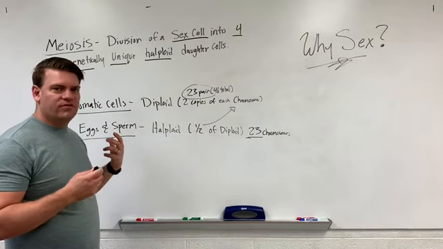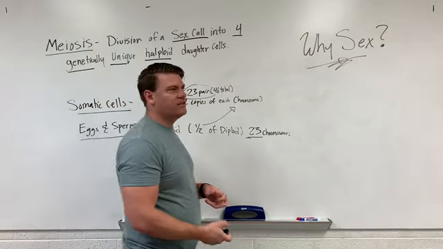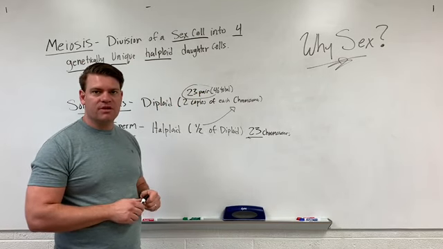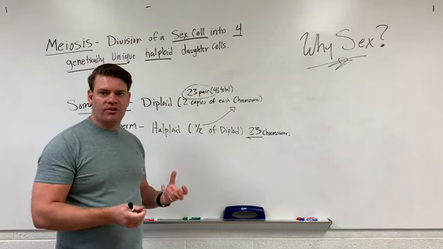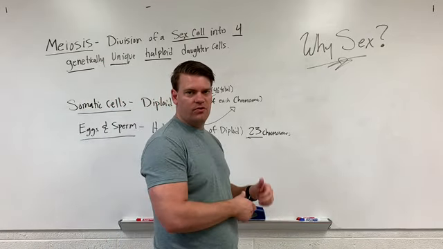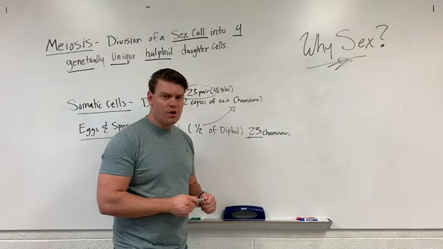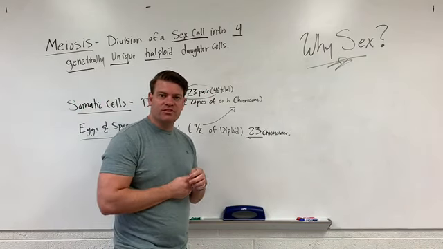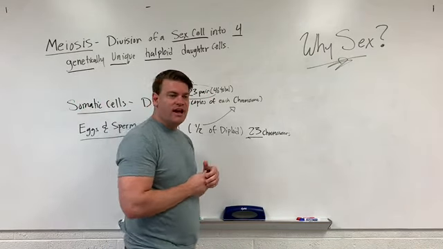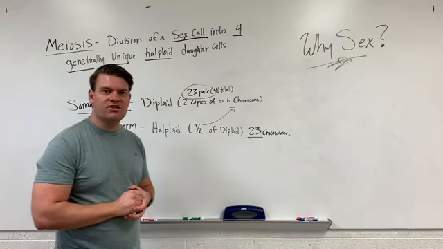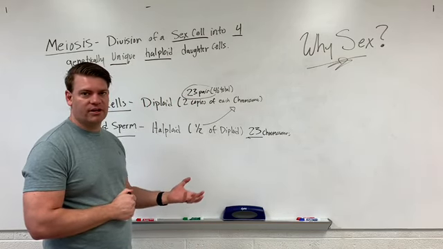So when we think of smaller organisms like bacteria, they do asexual reproduction, which means they can just reproduce on their own. They can just split off and continue to reproduce on their own, or they can bud on their own. We have asexual plants that can do that. There's even asexual lizards and other fish that are asexual, where they don't need another individual in their population to be able to produce offspring.